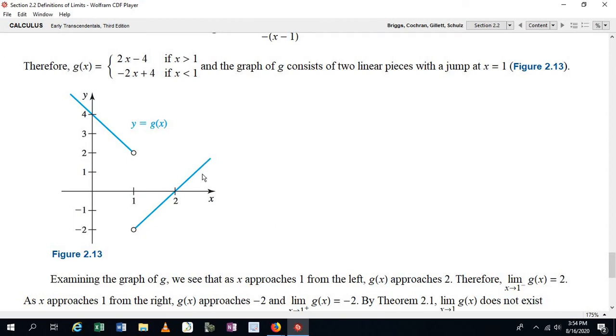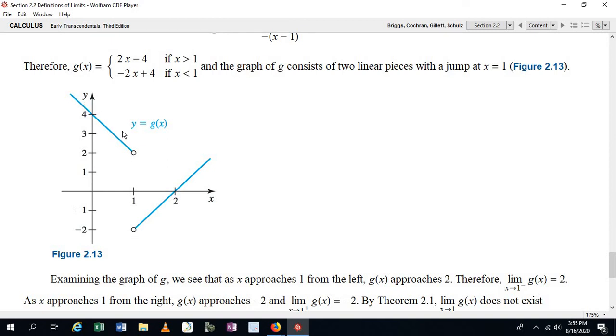One way of looking at this is if you're on the right-hand side of 1, then these are the ordered pairs that you have as you're getting closer to 1. Look at these ordered pairs and try to determine what the y value is getting closer to. I think you could see that the y value for these ordered pairs is going to get closer to negative 2, which is where this hole is.